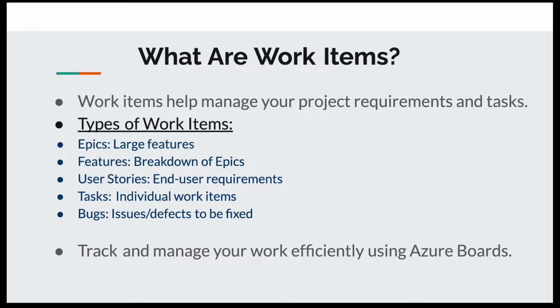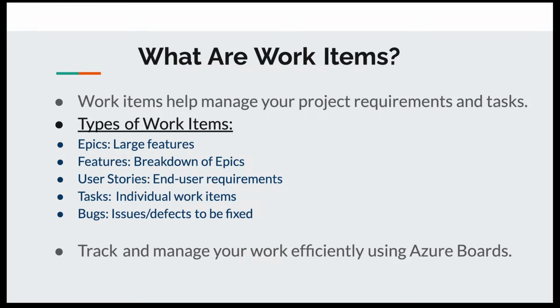So here are the different types of work items you will encounter. First, epics are large features that may span multiple sprints or releases. Second, features break down epics into manageable parts. Third, user stories capture functionality from the perspective of end users.